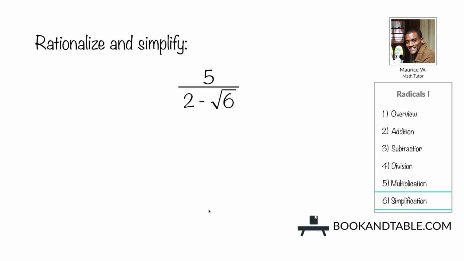Rationalize and simplify 5 divided by 2 minus the square root of 6. We have a binomial in the denominator, so we want to multiply the numerator and the denominator by the conjugate of this denominator. For the conjugate, you change the sign between them. So the conjugate would be 2 plus the square root of 6.